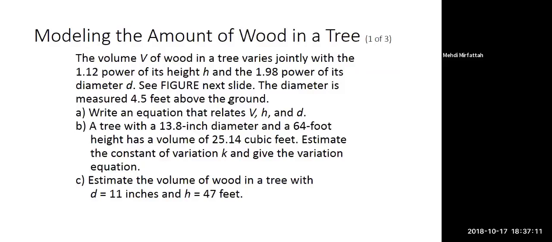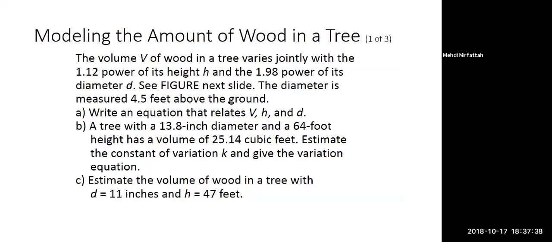The volume V of wood in a tree varies jointly with the 1.12 power of its height, H, and the 1.98 power of its diameter, D. We're going to take a look at the figure here.